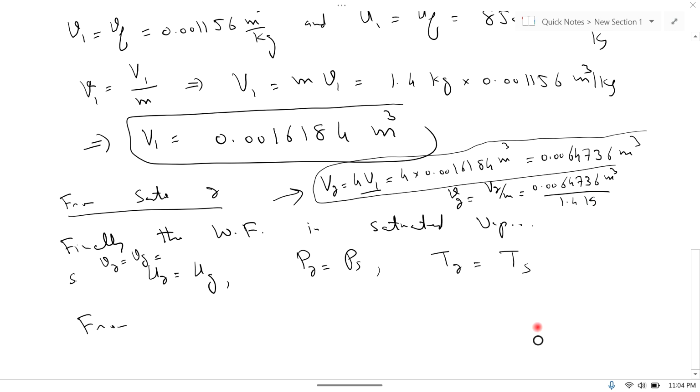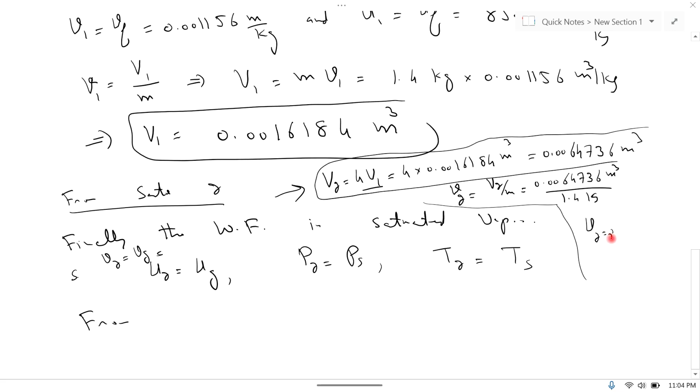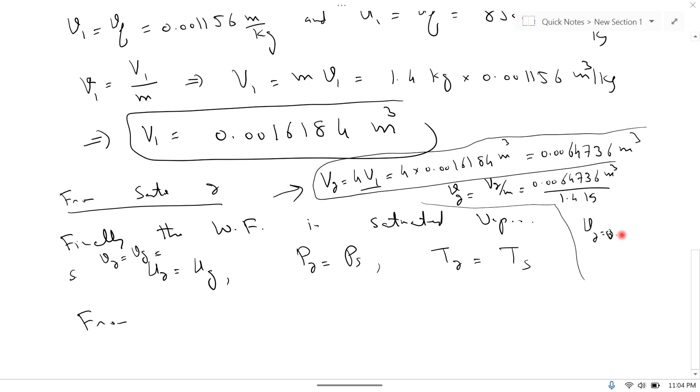So V2 is equal to 0.004624 meter cube per kg. And this is on the saturated vapor line. It means that V2 is equal to Vg, which is equal to 0.004624 meter cube per kg.